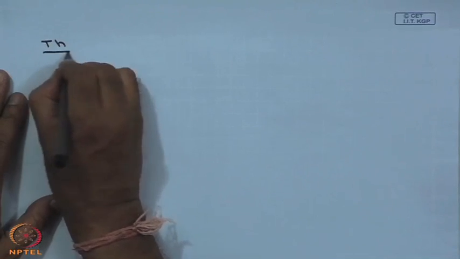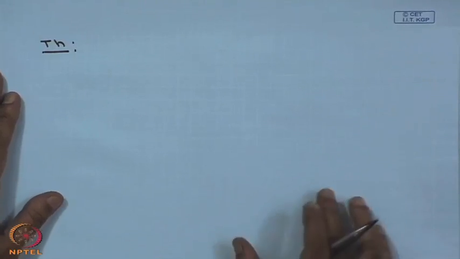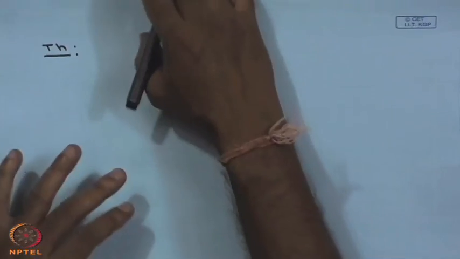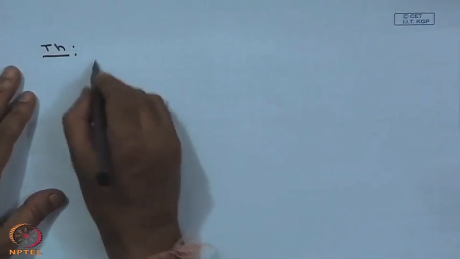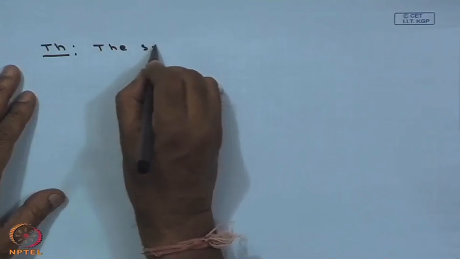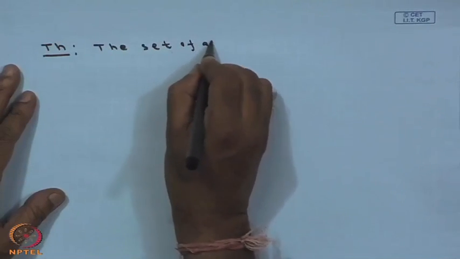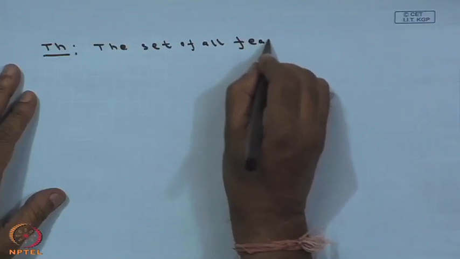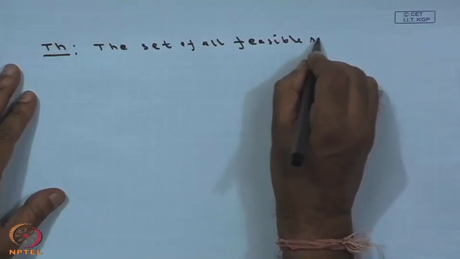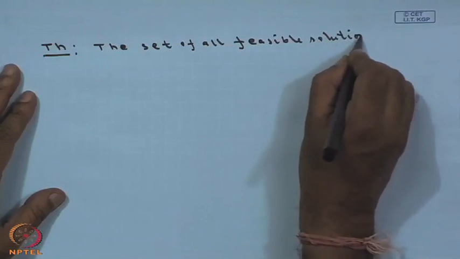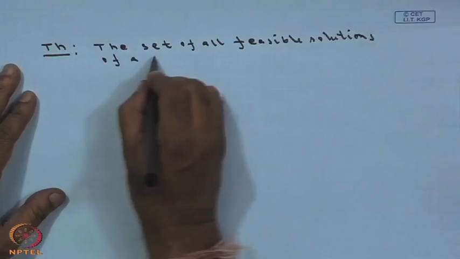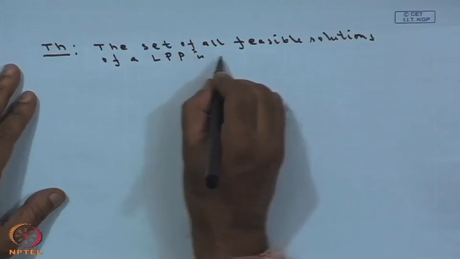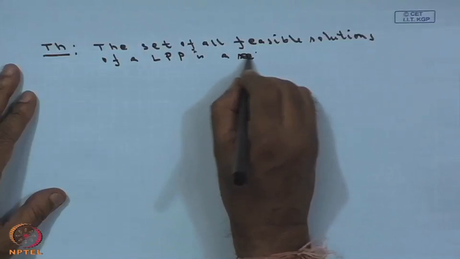Now, let us go through some theorems. I will not give the proofs of the theorems, I will make the statements and the consequences will be used afterwards. The set of all feasible solutions of a LPP is a convex set.